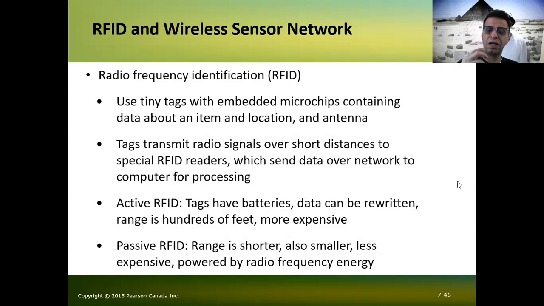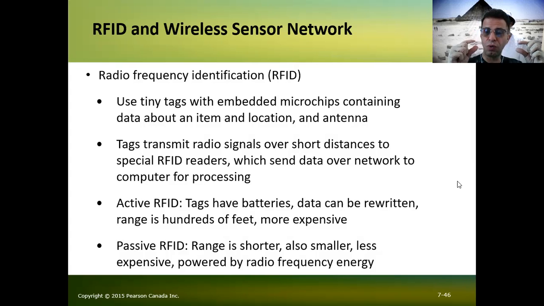You enter that data, and there's an antenna. Tags transmit a radio signal over a short distance to special RFID readers, and you see them now in the hands of some clients, for example, in Walmart.